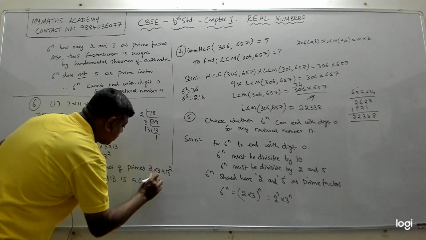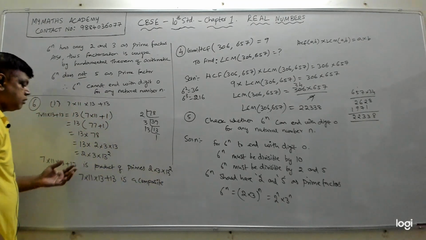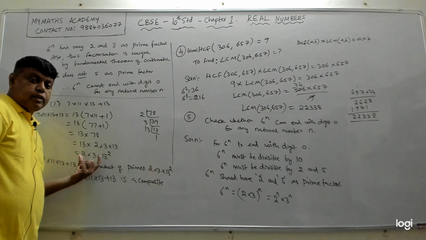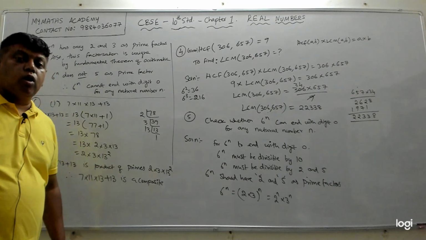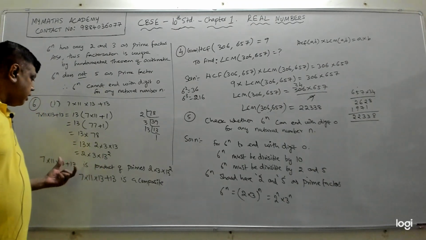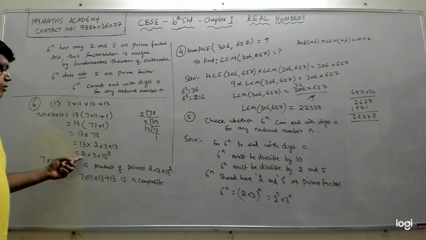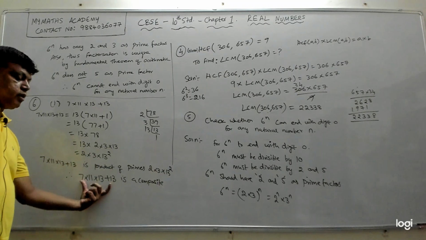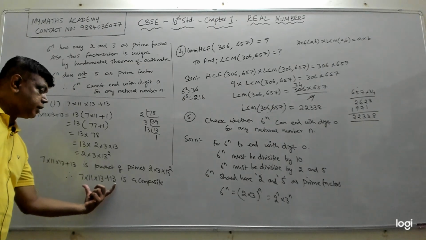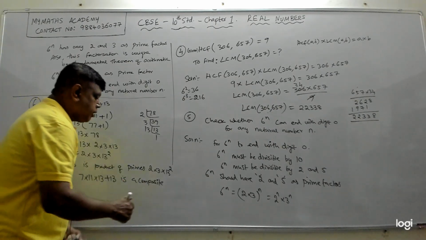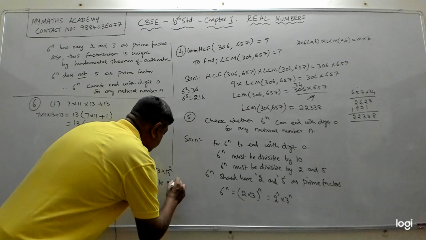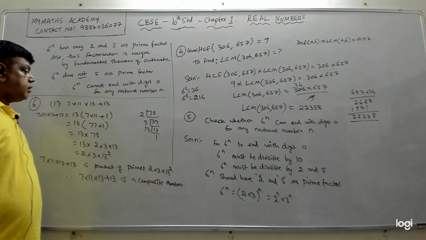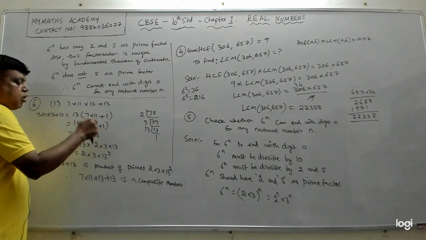It is not a prime number, because if a number is written as a product of primes, then that number is a composite number. So we have written this given number as a product of primes. Therefore, this number is a composite number. That is the proof.